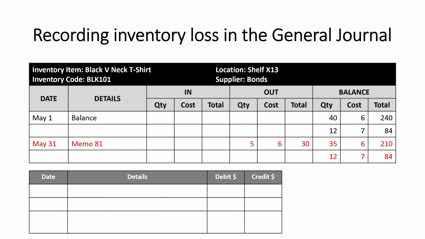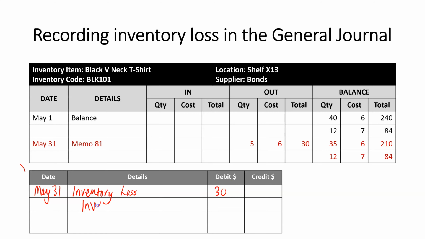What does this look like in our general journal? So on May 31, we now have an expense called inventory loss, same as what we did under identified cost, and we're going to be increasing that expense by $30.